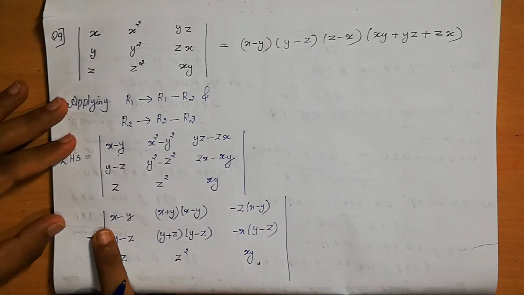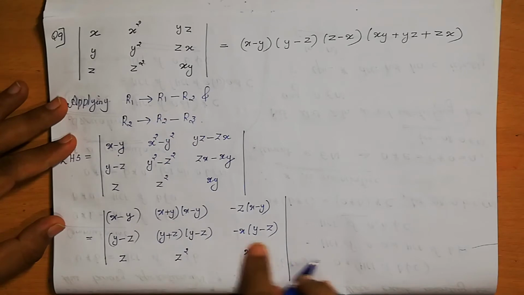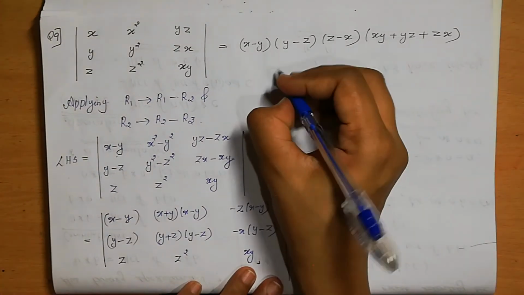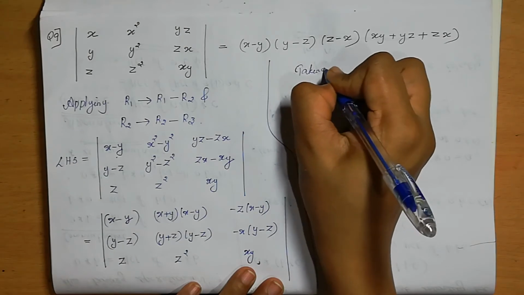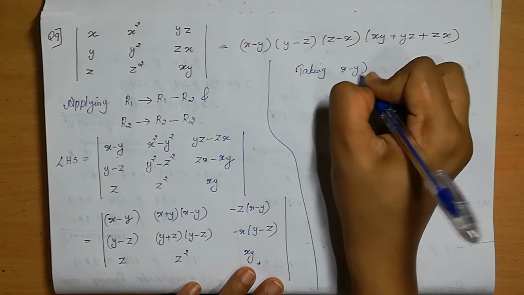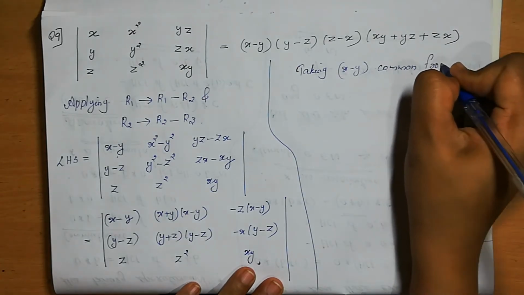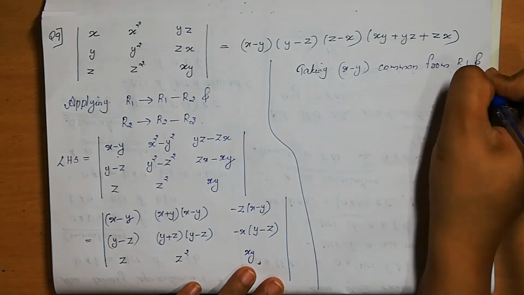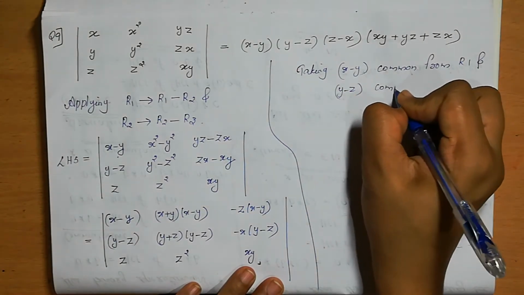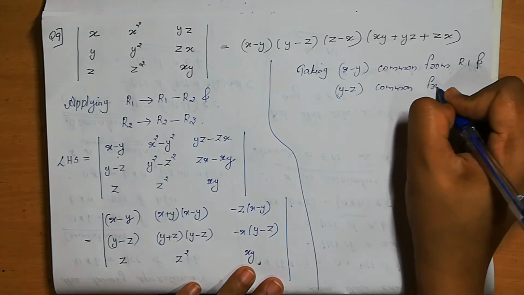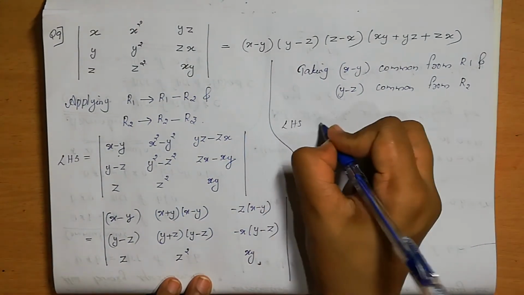See, now I can take x minus y common from first row, and y minus z common from second row. So what we can write? Taking x minus y common from R1 and y minus z common from R2.